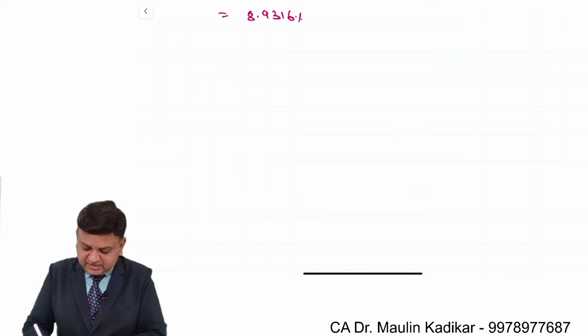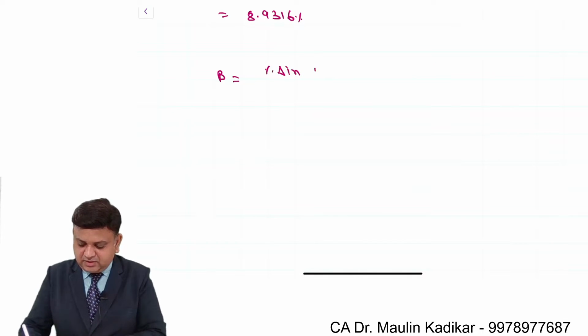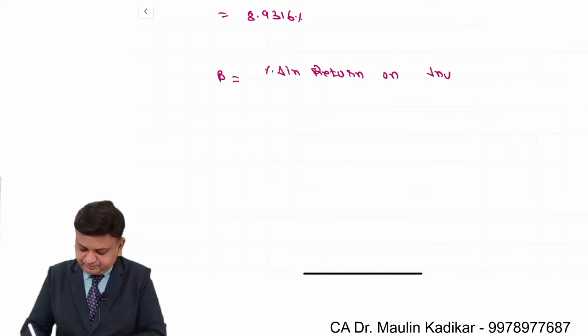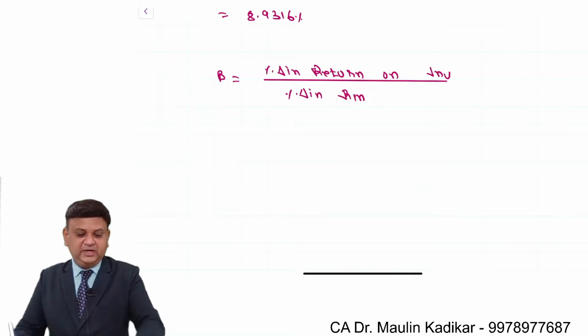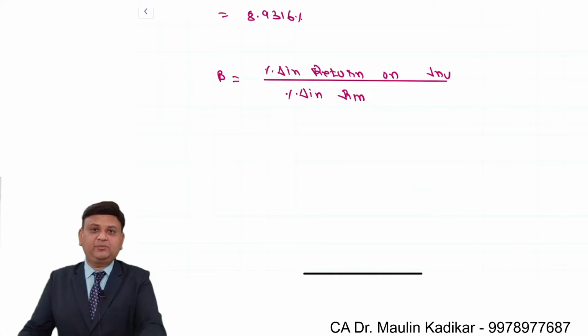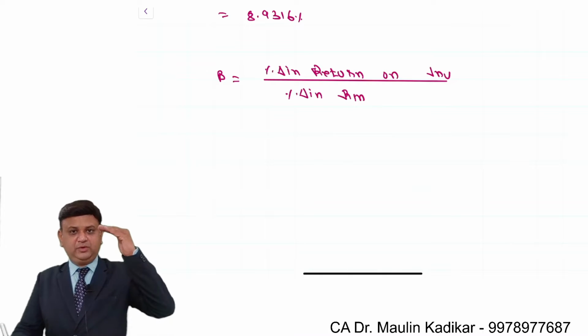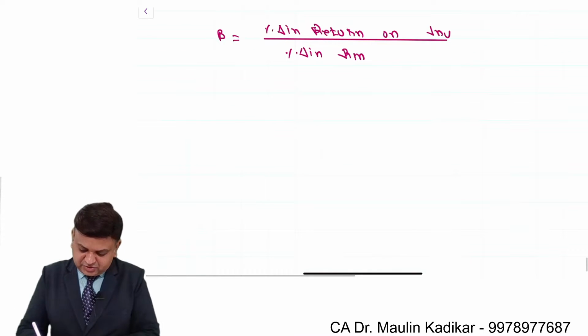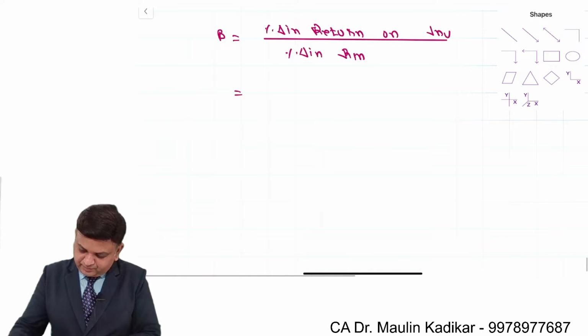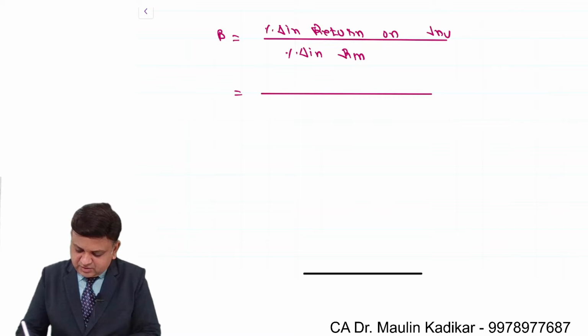So we can say something like this: beta is equal to percentage change in return on investment divided by percentage change in Rm. We already have calculated that the return on the market portfolio is 12%. So from 12 it reaches down to 0. It means it reduces by 12%. So in the division we will have negative 12%.